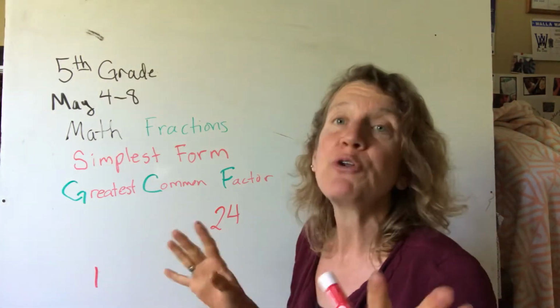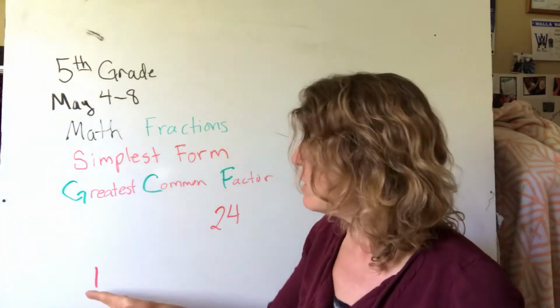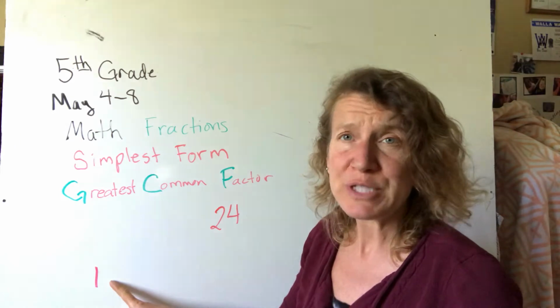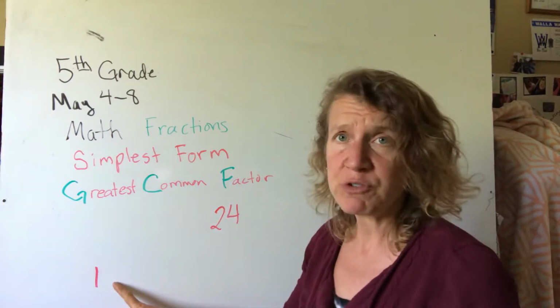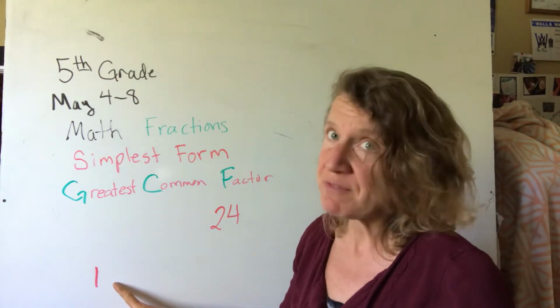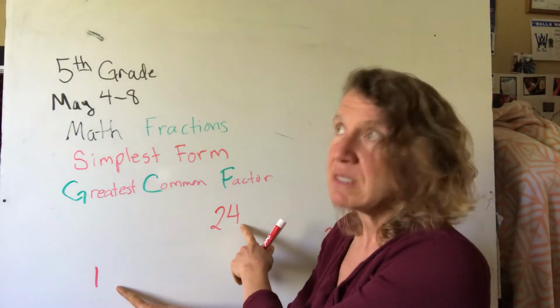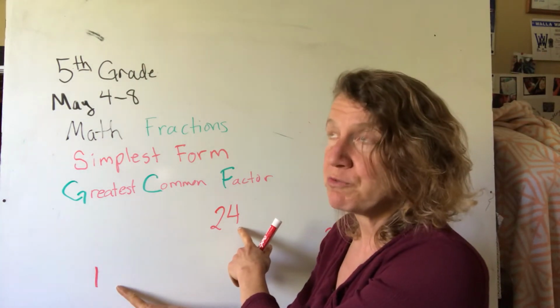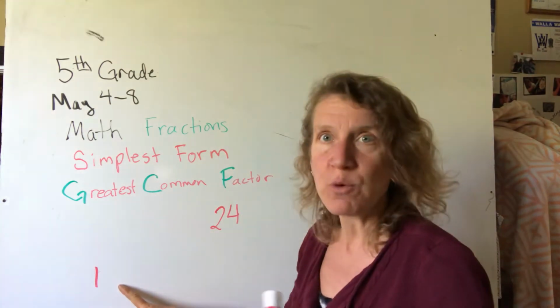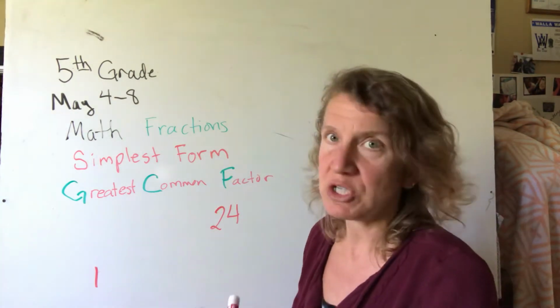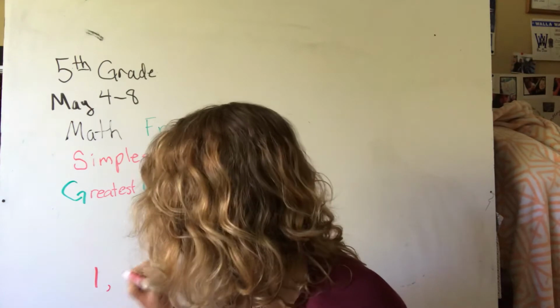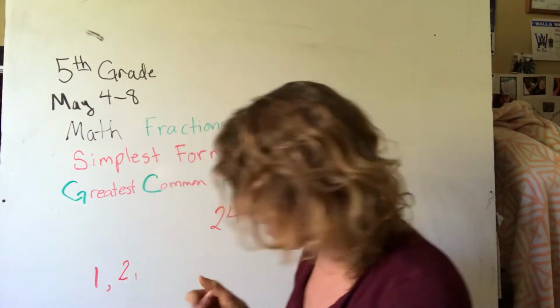Then I'll know I found all of the factors of this number. So the next number I'm going to consider is 2. Is 2 a factor of 24? Well, if 2 is a factor of a number, that number is even. Is 24 even? Even numbers end with 0, 2, 4, 6, or 8. Yes, 24 is even. That means 2 goes into 24. So I'm going to write a comma and a 2. I know 2 is a factor of 24.